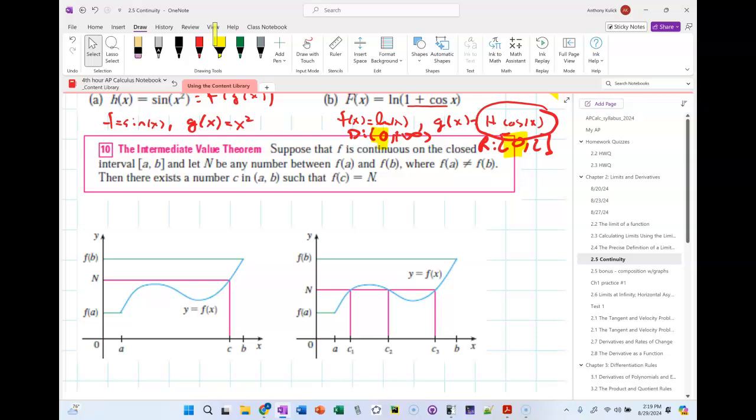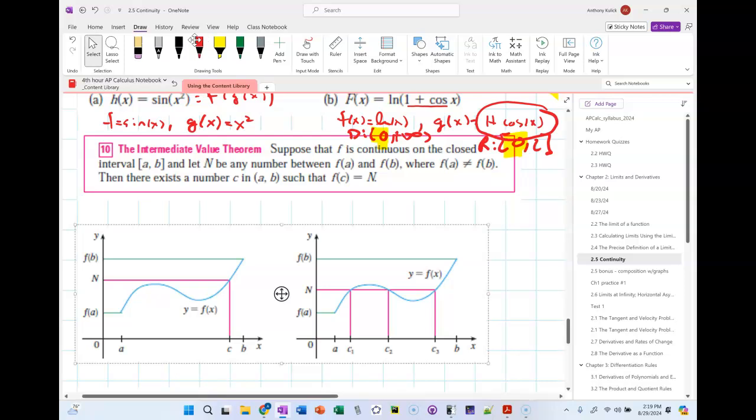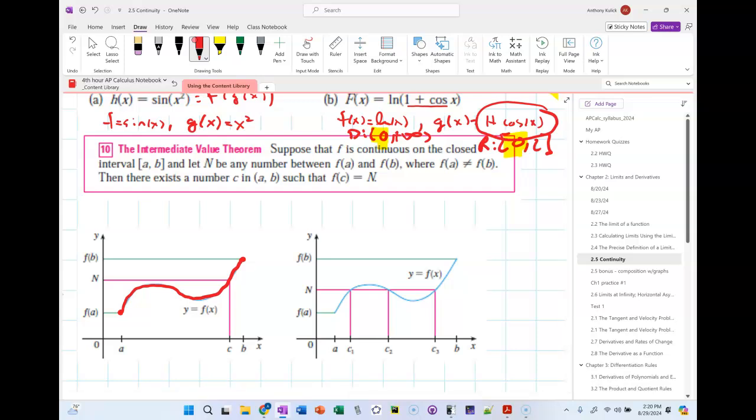So if we look at the picture, the blue is our function f. So we have the interval from a to b. We're told f is continuous on that interval, so I can draw, there's points everywhere along, right? So I know that there's y coordinates then everywhere from f of a to f of b also.